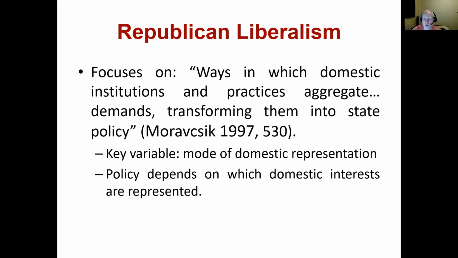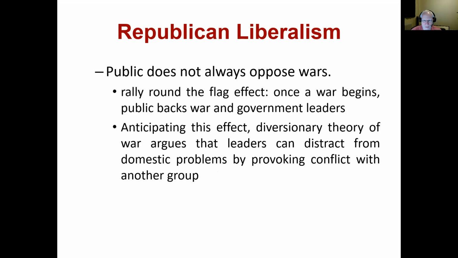So who's going to win depends on domestic institutions. The key variable is the mode of domestic representation. Policy depends on which domestic interests are represented, and that depends on the configuration of domestic institutions.